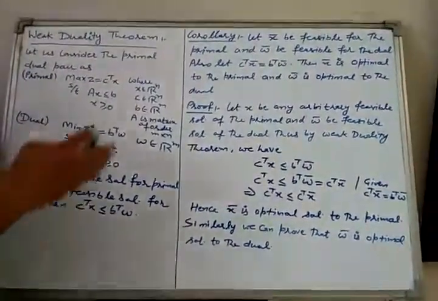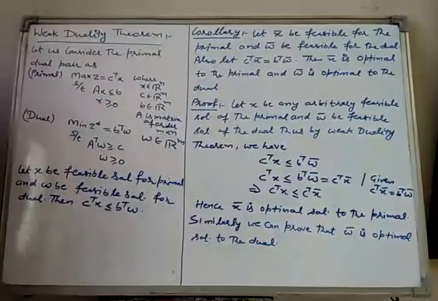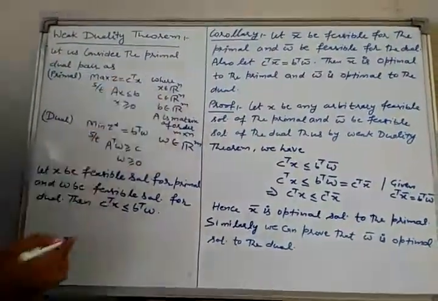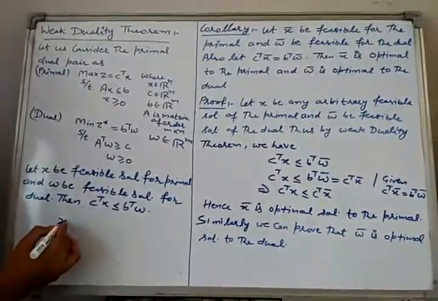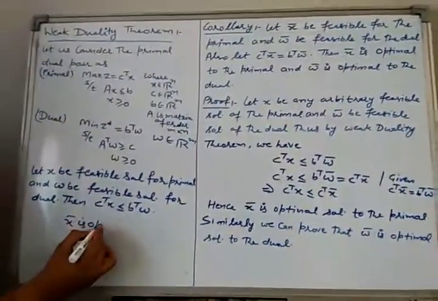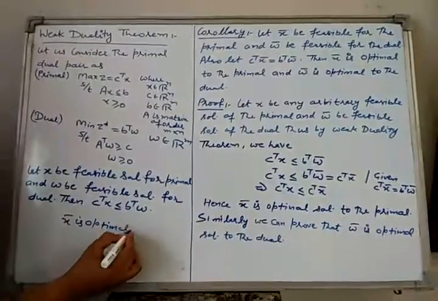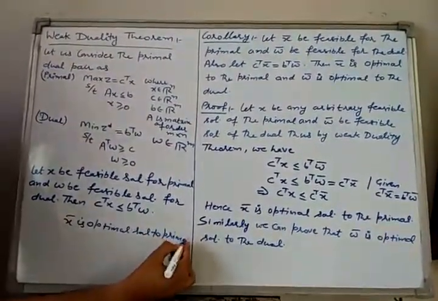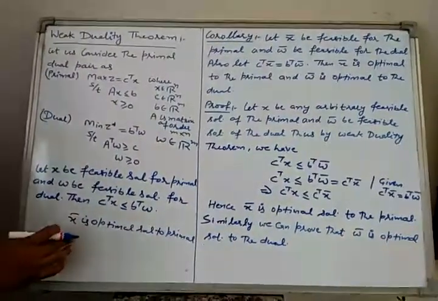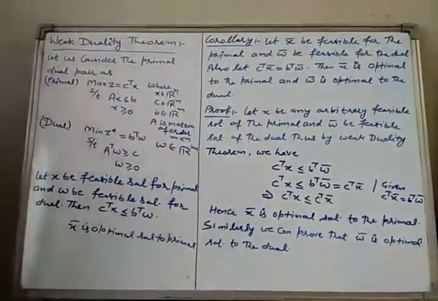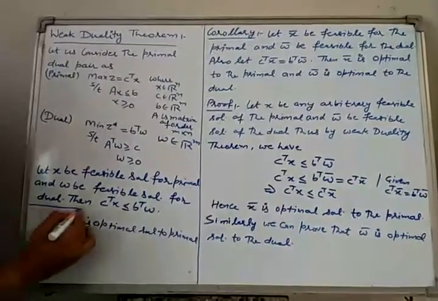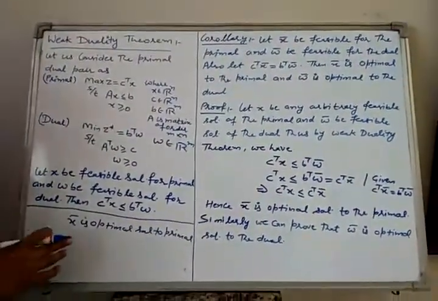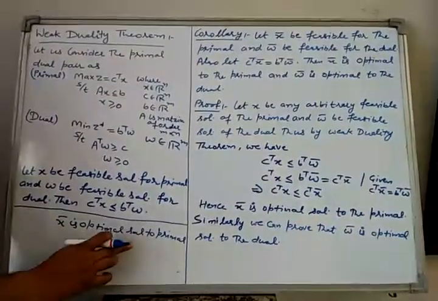Now we go to the proof of this corollary. We have to prove that X bar is an optimal solution to the primal problem. First we go to the definition of optimal solution.